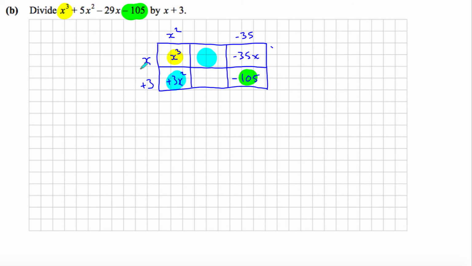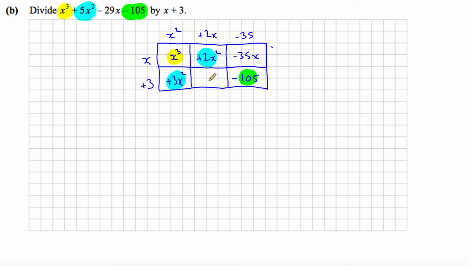I know that these two blue ones should add up to positive 5x squared. So what do I add to 3x squared to get 5x squared? Well, it's positive 2x squared. So I've now worked out this term, which means to find the missing bit up here, I just say, what do I multiply x by to get positive 2x squared? And the answer is positive 2x.